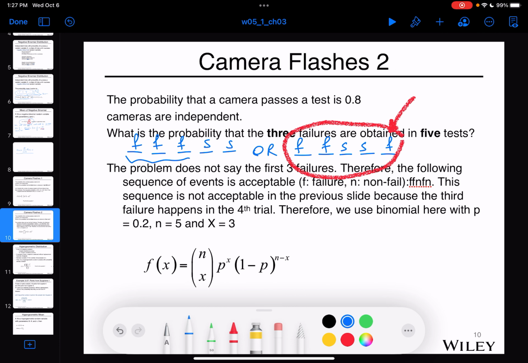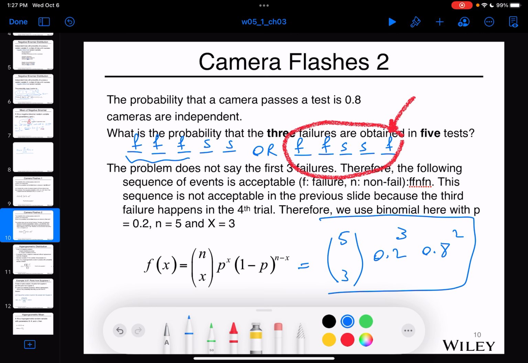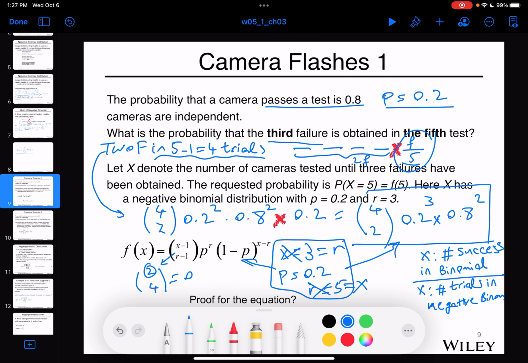So the answer is going to be, let me write the answer. It's going to be 5 choose 3 times 0.2 to the power 3 times 0.8 to the power 2, right? So if you know the answer, raise your hand. Which one is bigger? This answer that we found here, this probability, or the previous probability?